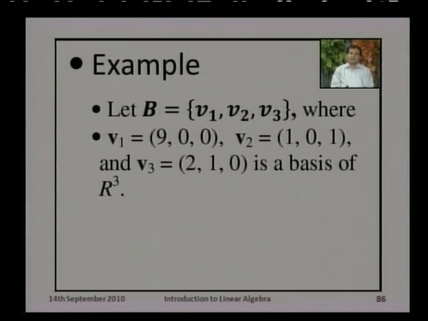Take another set of vectors V1, V2, V3 where V1 is (1, 0, 0), V2 is (1, 0, 1) and V3 is (2, 1, 0), and it is also a basis of R3 as it can be checked that they are linearly independent and it will span R3.